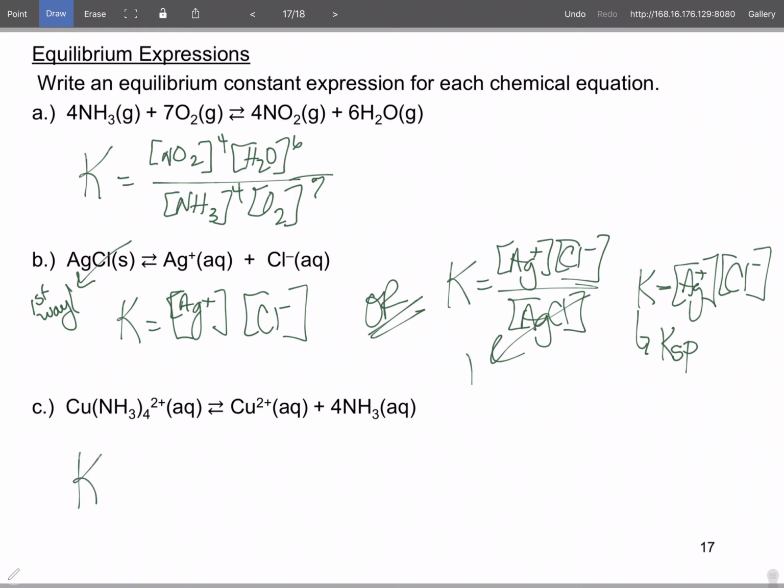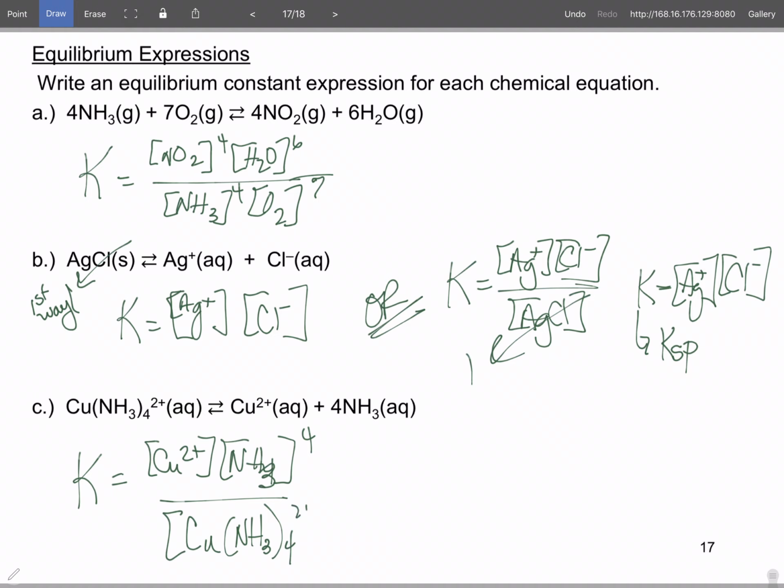So this one is a K, and it's equal to copper 2 plus, ammonia to the 4th. No, ammonia, not ammonium. And this is a complex, CuNH3 4, 2 plus.